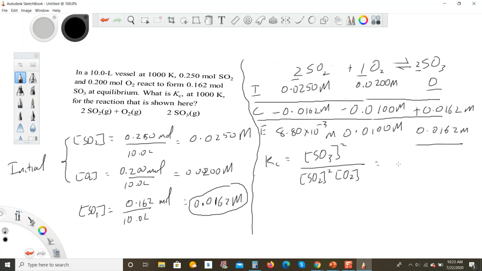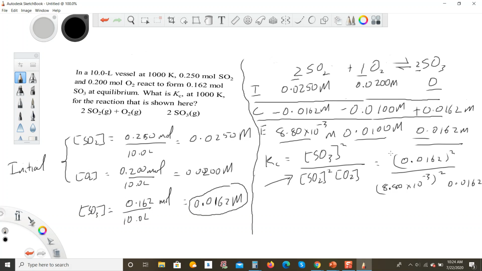So we put the concentration of SO3 squared up top, 0.0162 squared, divided by SO2, which is 8.80 times 10 to the minus 3 squared, making sure I put a decimal point here, and then times O2, which is 0.0100. All I did was plug the equilibrium values into this equation. And I'm going to do my computation now.